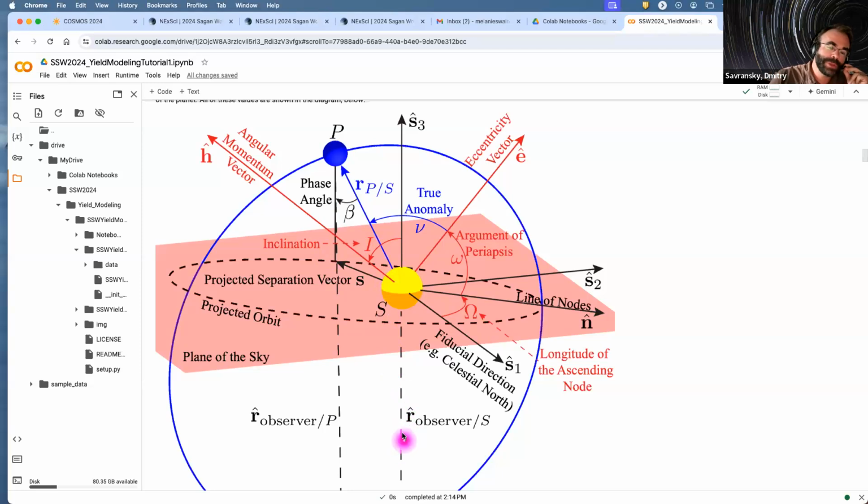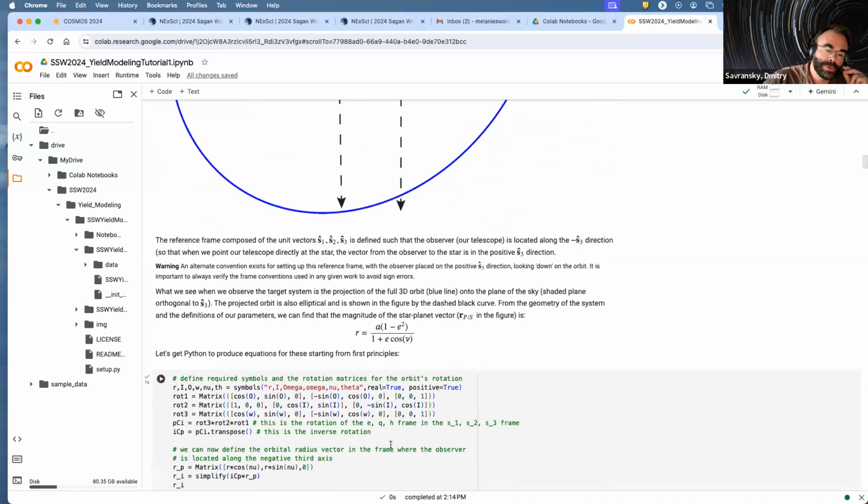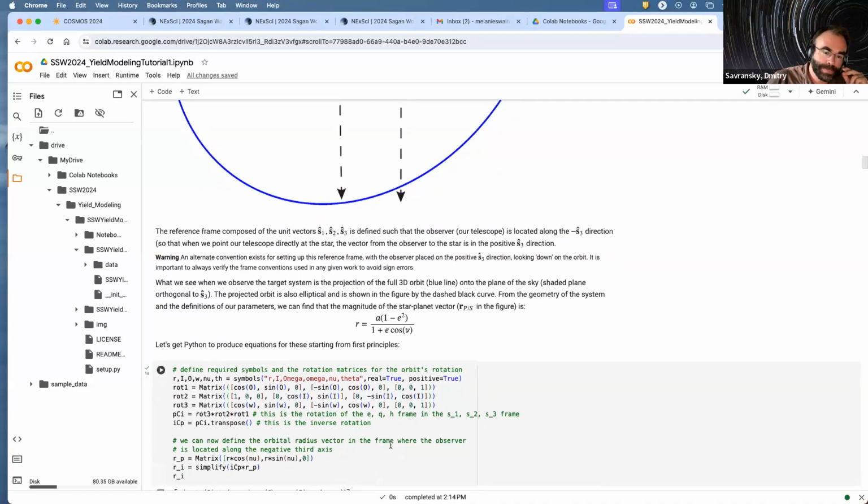If we make the approximation that the vector from the observer to the planet is exactly parallel to the vector from the observer to the star, which is an okay approximation, because the stars are so far away that those vectors are essentially parallel to one another, then we can simplify the definition of beta. And if you scroll down in the equations, they will tell you that the cosine of beta is related to the cosine of the inclination and the sine of the argument of latitude.